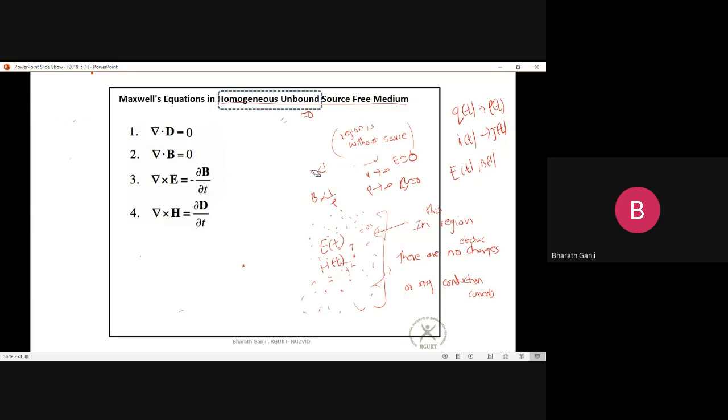So next we'll talk about homogeneous unbounded. I guess from the name itself you can understand what I mean by a homogeneous system, and also unbounded. What I mean by that is the region in which I'm trying to calculate the solution does not comprise many other regions.